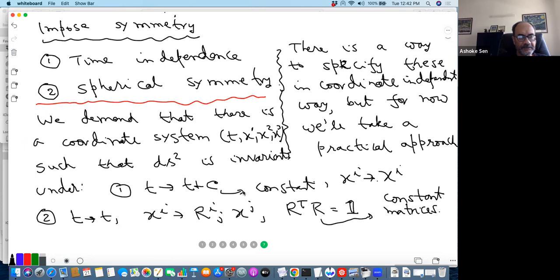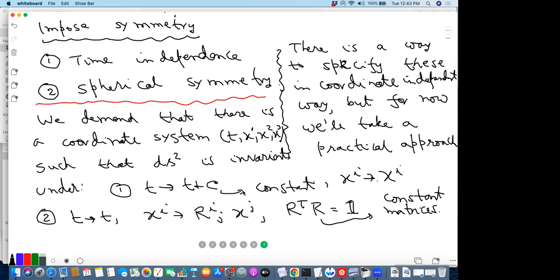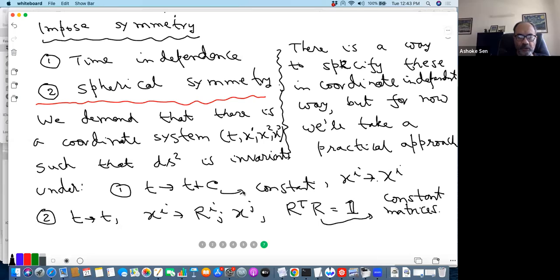Is this clear? One question here. Yes. How do we know that such a coordinate system will always exist? There may be some geometries where we may not be able to find this kind of coordinate system, right? Yeah, certainly, because most geometries don't have either time independence or spherical symmetry.